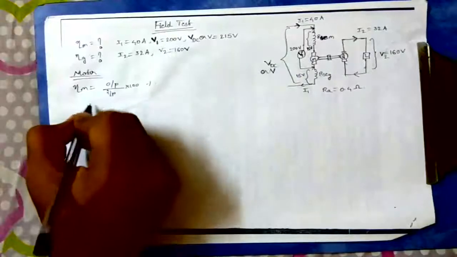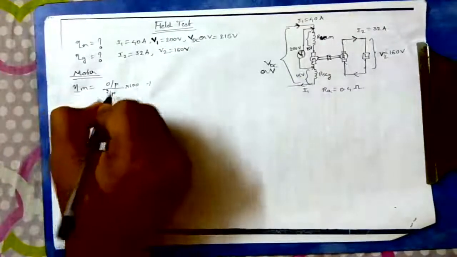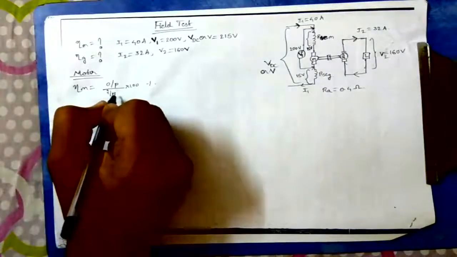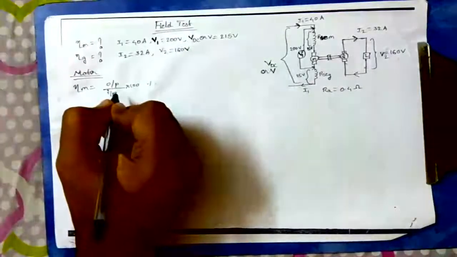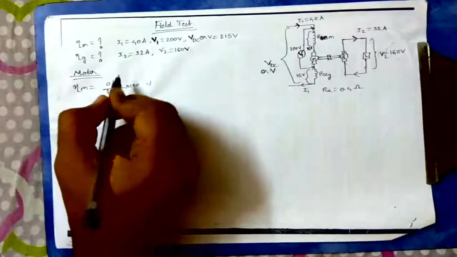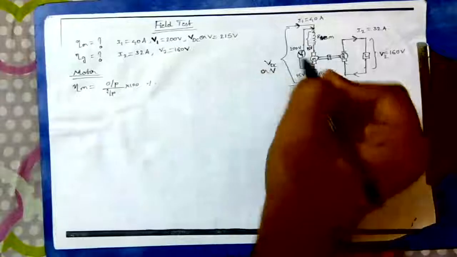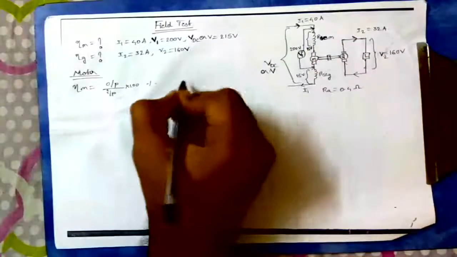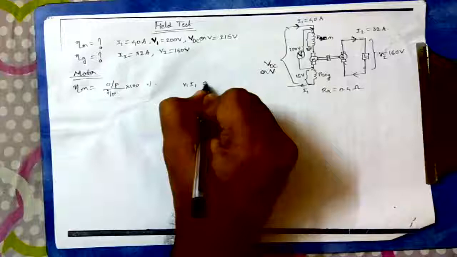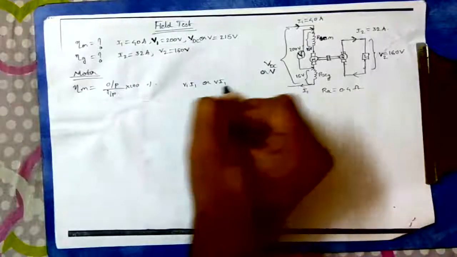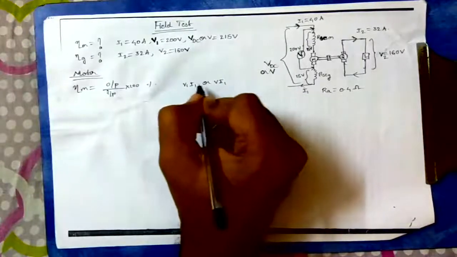So what is input? Total input, since it is with respect to motor, and the formula we have is whether it is V1 into I1 or V into I1. Which one is right here?